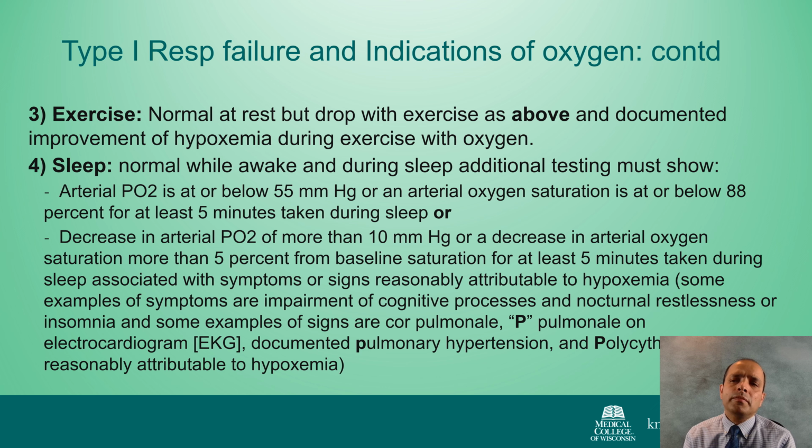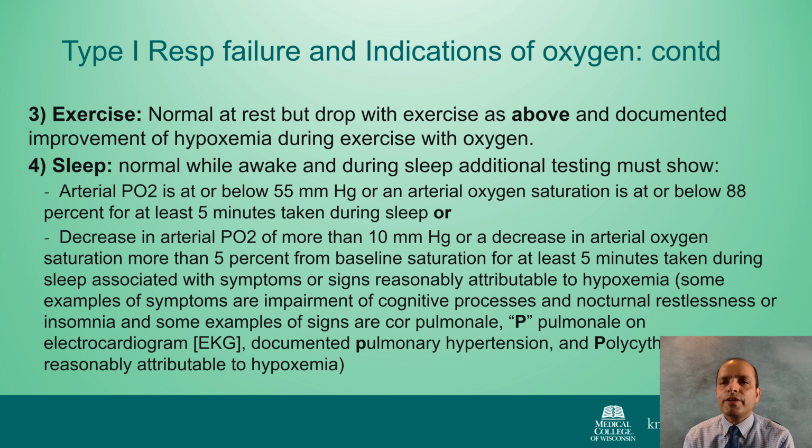Or if you're doing pulse ox, it has to be 88 or less, but it has to be persistent. Just one number is not adequate. It has to be for at least 5 minutes for them to qualify for oxygen.